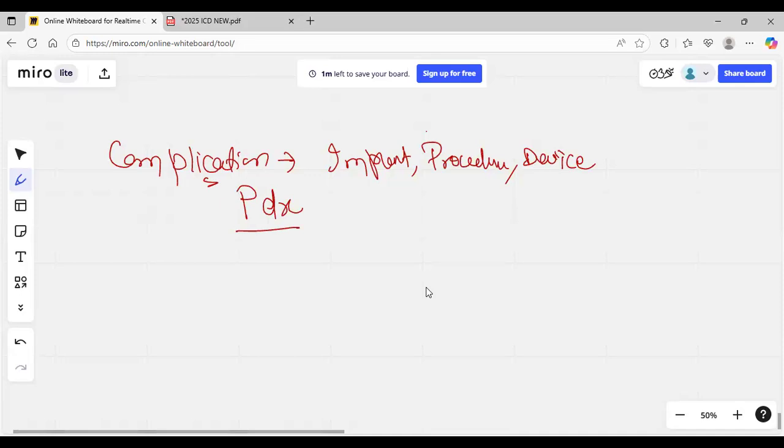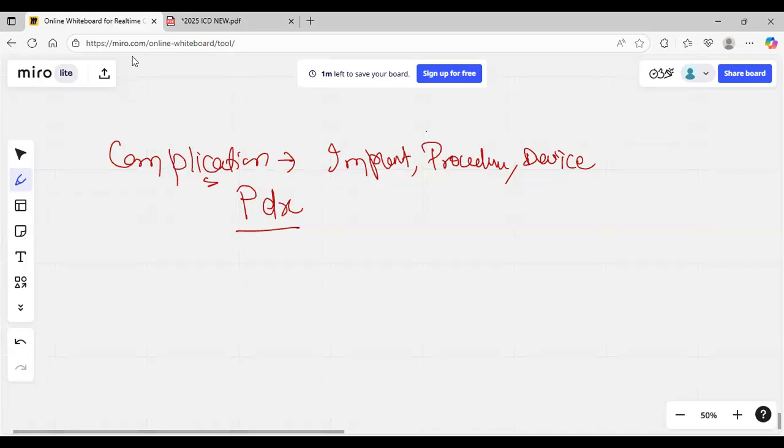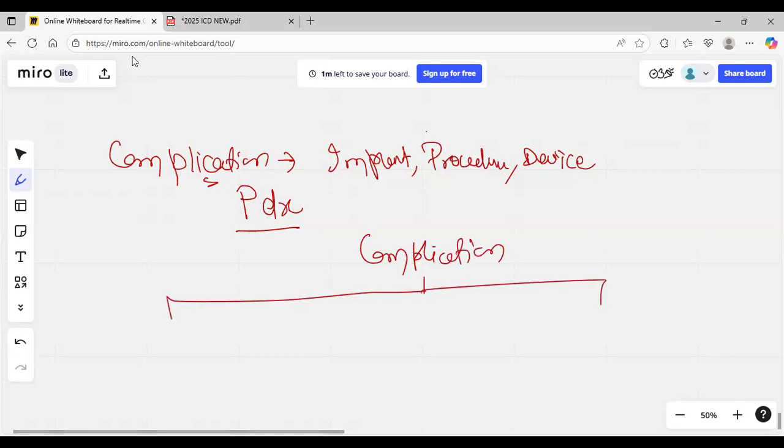So let's go back to the guideline now. Whenever a patient has an insulin pump and it starts malfunctioning, malfunctioning means that the insulin pump is not functioning properly. In that case, you have to see whether, due to the complication, the patient is getting underdosing or overdosing of the insulin.